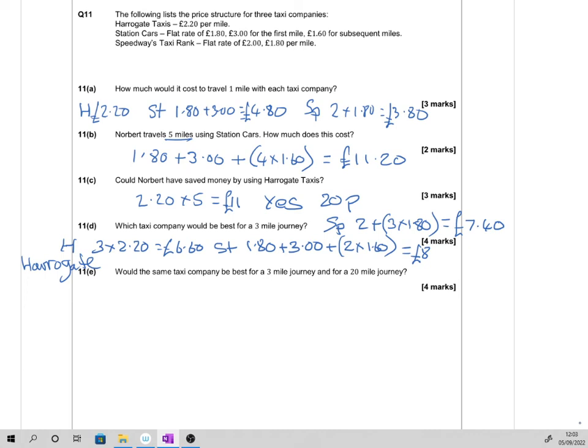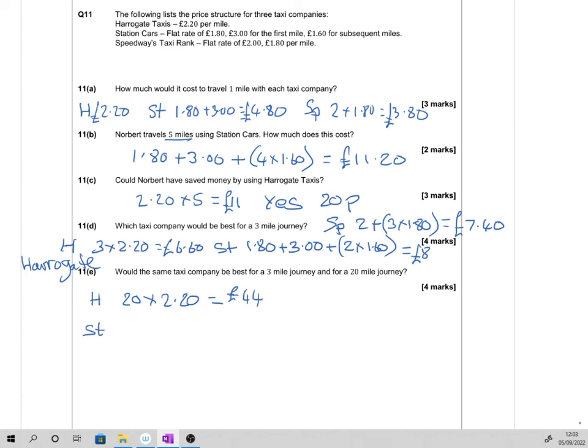Would the same taxi company be the best for a 3-mile journey and a 20-mile journey? So now we've got to do a 20-mile journey. Harrogate, 20 times 2.20 is £44.